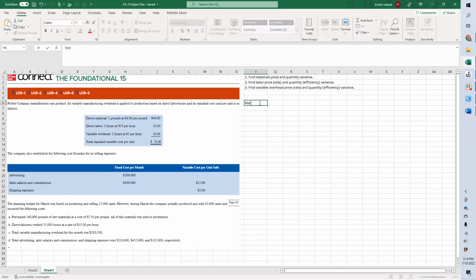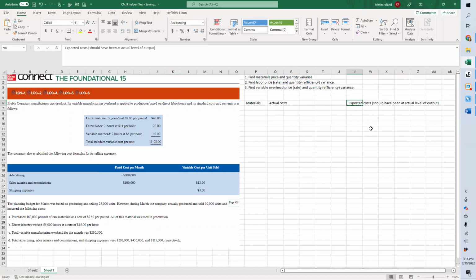Okay, so let's start with our materials. We want to compare our actual cost of materials to our expected costs, what they should have been at the actual level of output. We produced and sold the same number of units, so we could say at the actual level of output or at the actual level of sales, it's the same in this case.